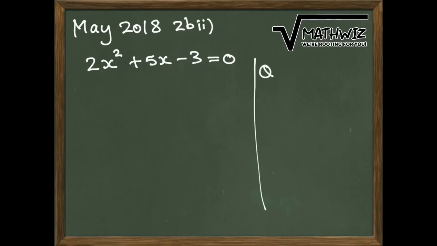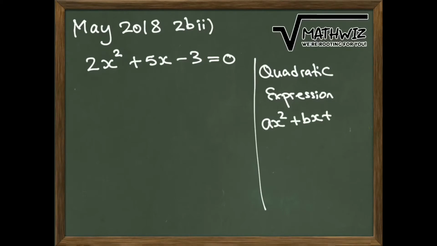So our quadratic expression, or in this case equation, you're going to have it in the form ax squared plus bx plus c. Now there are three ways that you can solve. You could solve it by factorization.